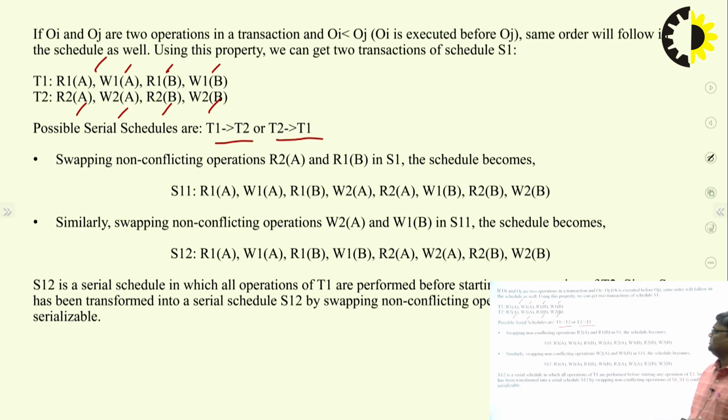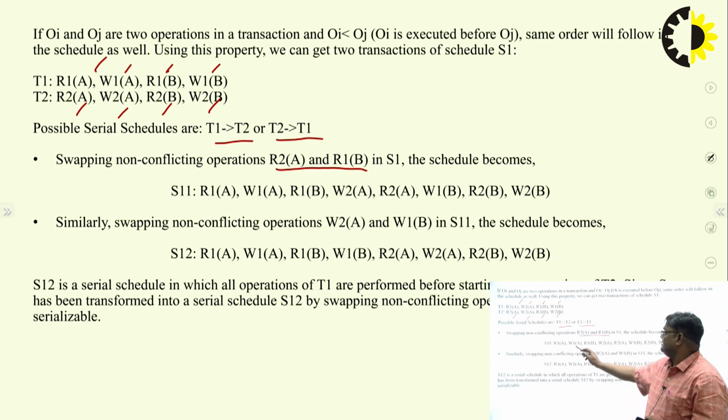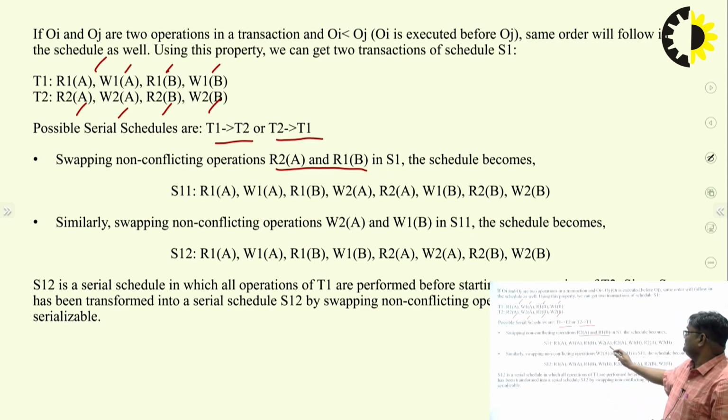Swapping non-conflicting operations R2A and R1B in S1, these are non-conflicting statements. If we swap those instructions, we can rearrange the schedule as R1A, W1A, R1B, W1B, R2A, W2A, R2B and W2B. Similarly, we swap only the non-conflicting instructions.